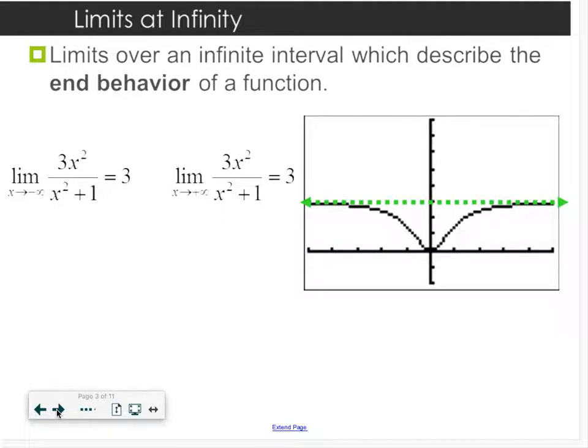And when I ask for the limit towards positive infinity, I know that towards the right, our graph has to approach that horizontal asymptote at 3. Essentially what I'm doing is asking you for the end behavior of a function. So we're going to talk about some different groupings.